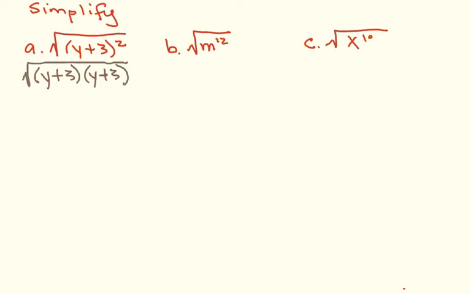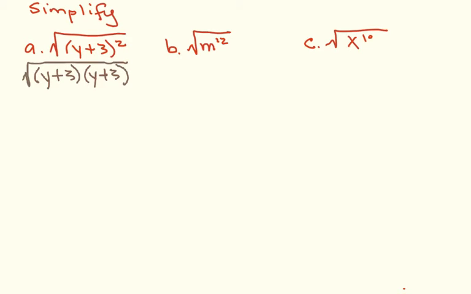That y plus 3 quantity squared is the same as y plus 3 times y plus 3. And the square root is saying, what number or what expression can you multiply by itself to get y plus 3 times y plus 3?